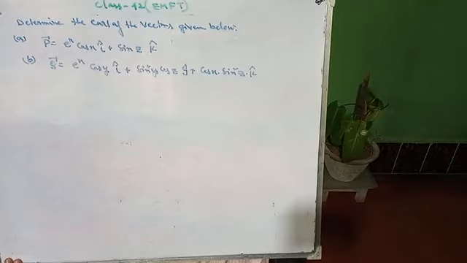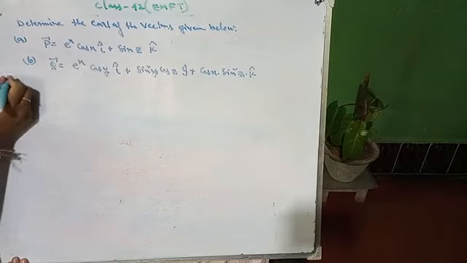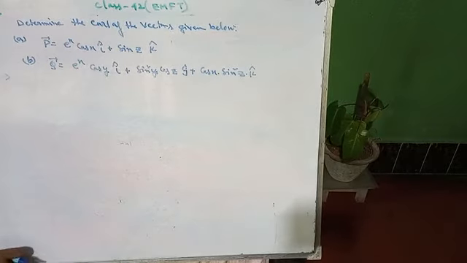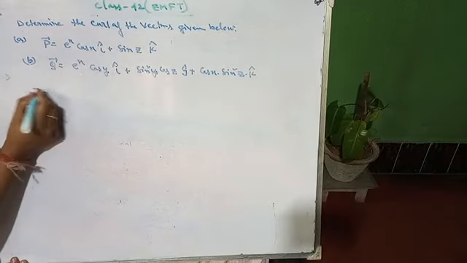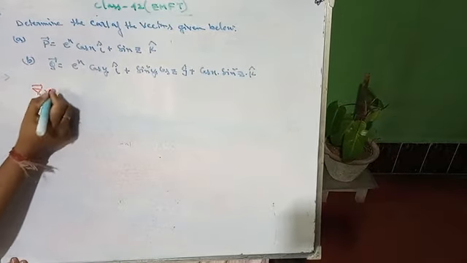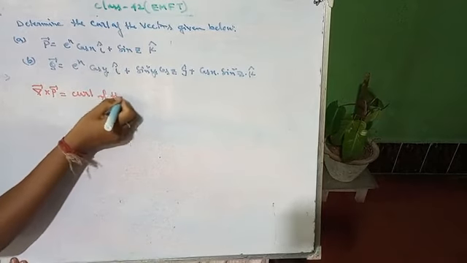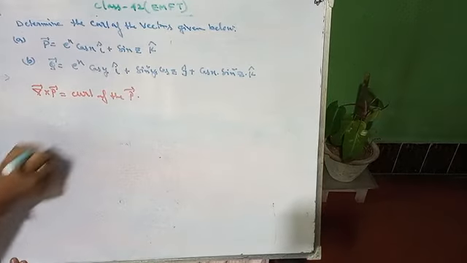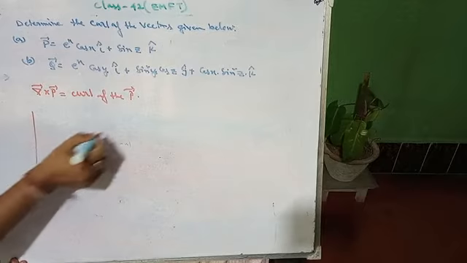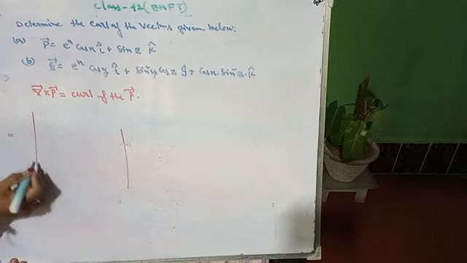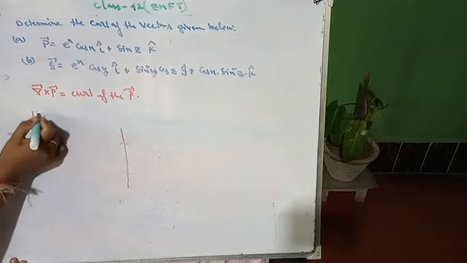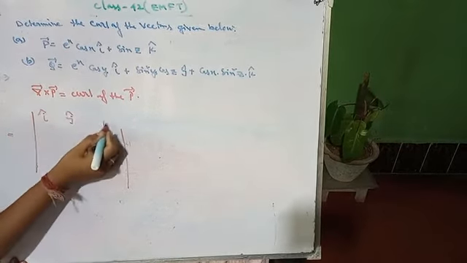So you have to perform the curl. What is the curl? Curl is nothing but the cross product of the del operator with this vector field. The cross product represents the curl of the vector p. You can perform the curl by the determinant method, or there are direct methods.